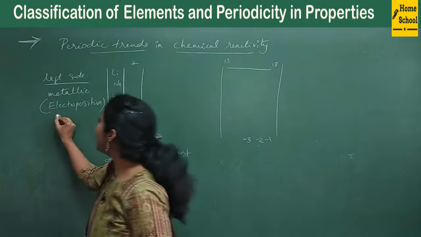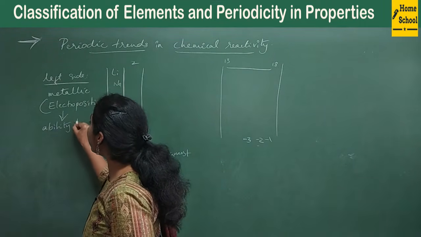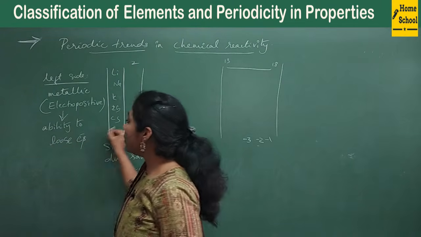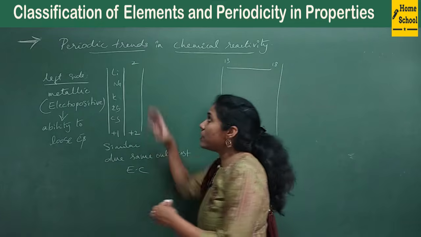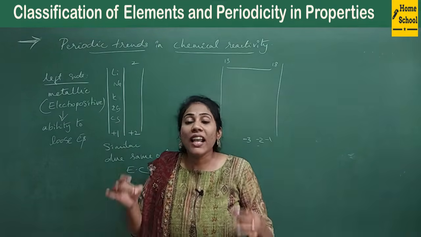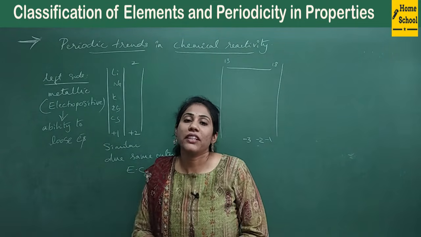It means that they have the ability to lose electrons during chemical reaction. Because if they lose one electron or two electrons, they become stable. They will achieve that 8 electron configuration.